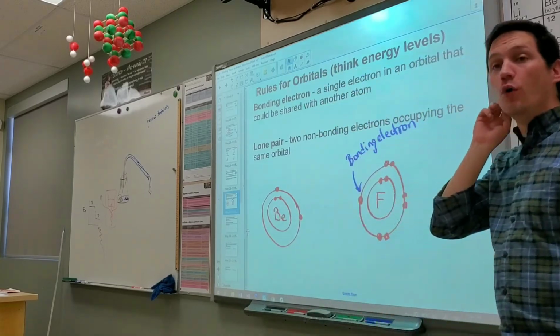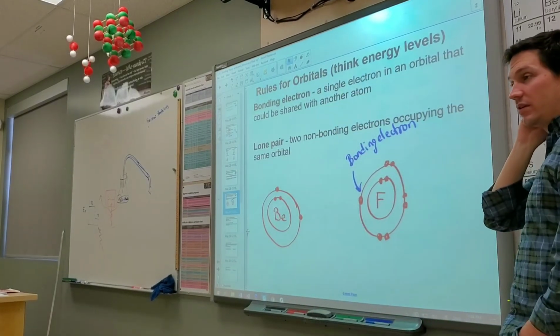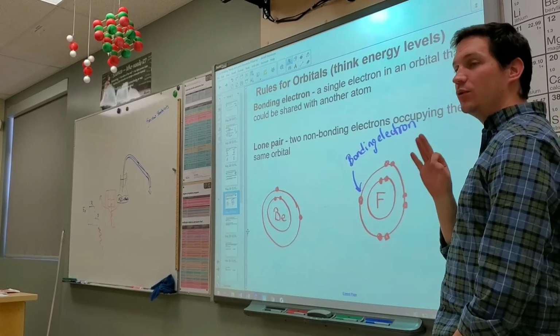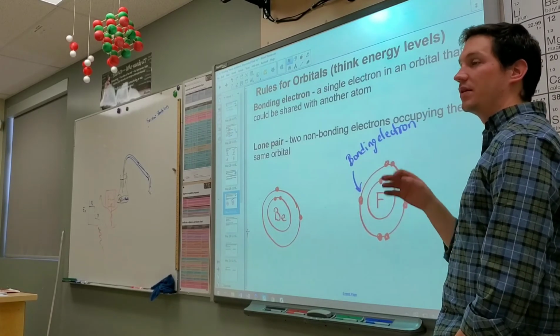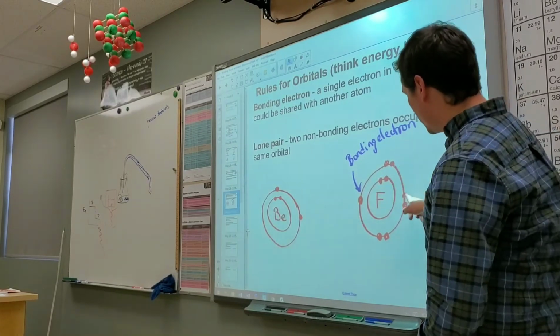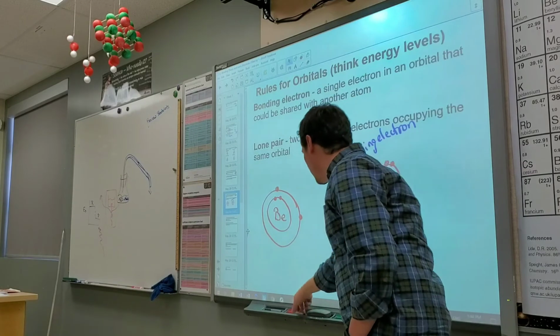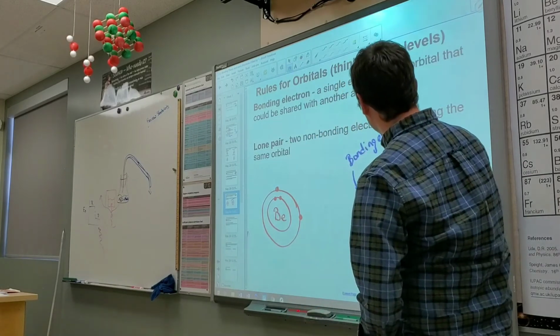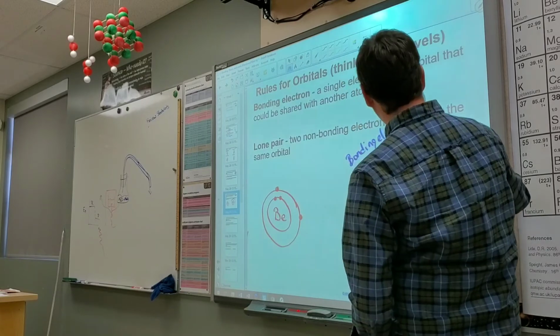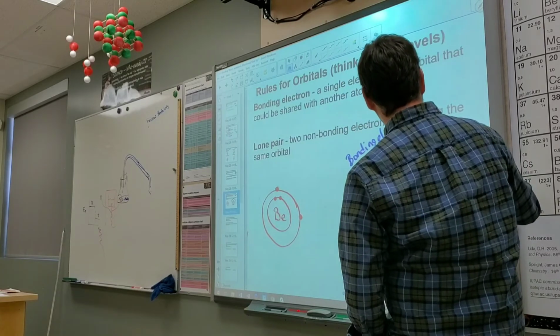How many lone pairs does this have? It's got 3 lone pairs. Can you identify the pairs of electrons in the valence shell that are totally full? 1, 2, 3. Perfect. So these are lone pairs.